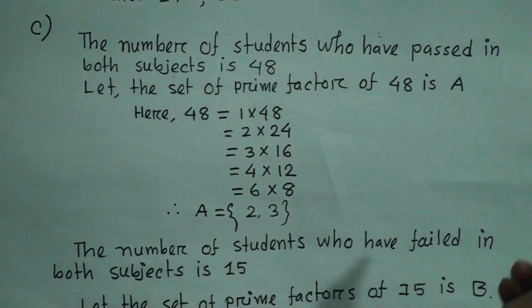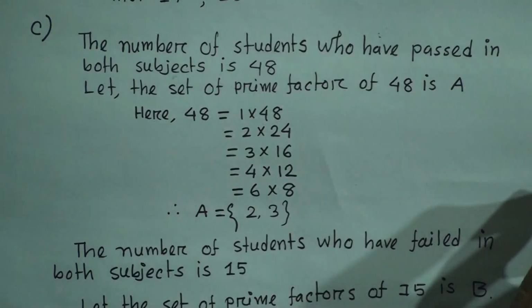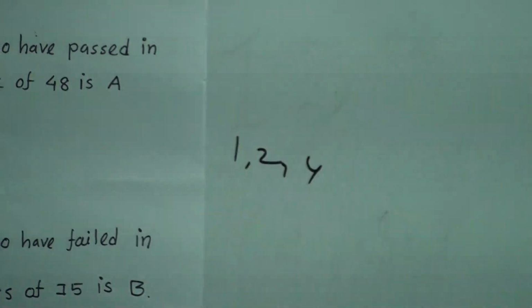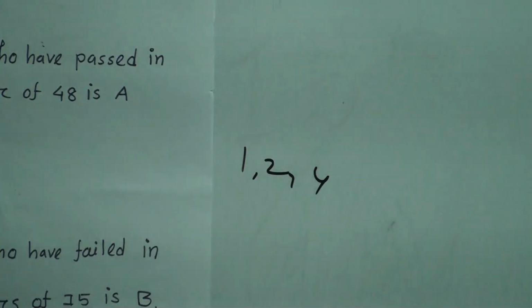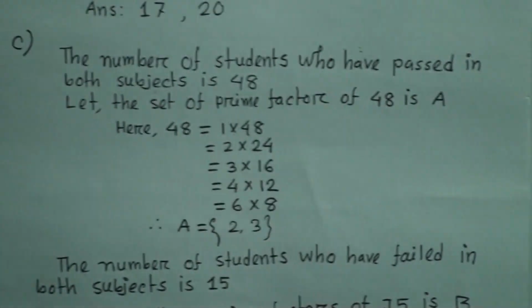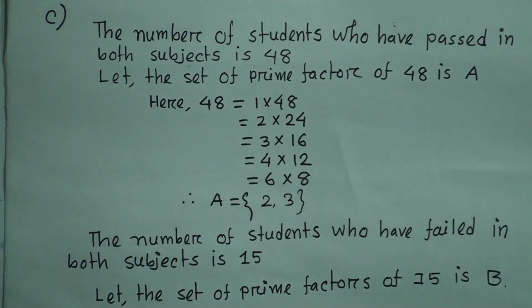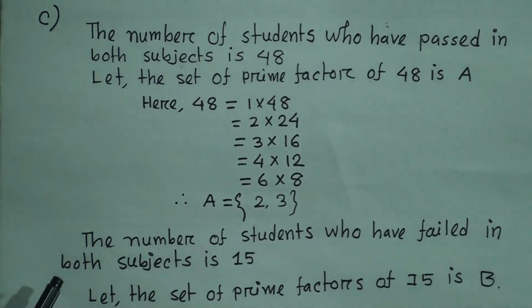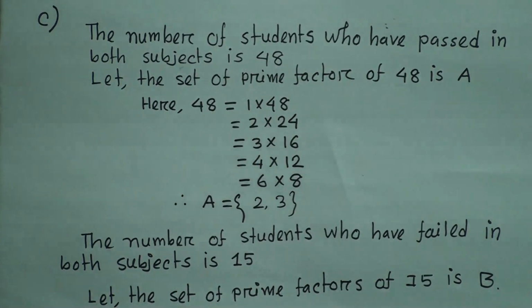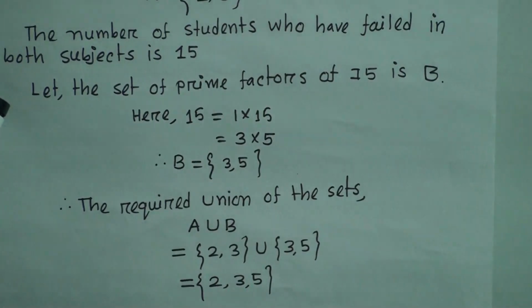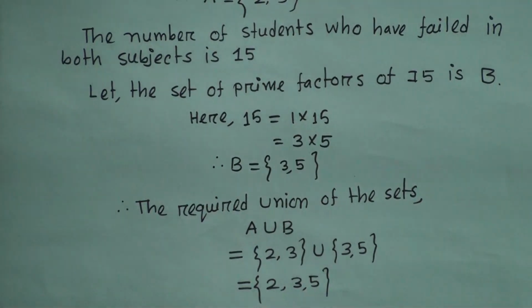But 4 has how many factors? 4 has 1, 2, 4. So 4 is not a prime number, so 4 is also not a prime factor. Therefore A equals 2, 3.